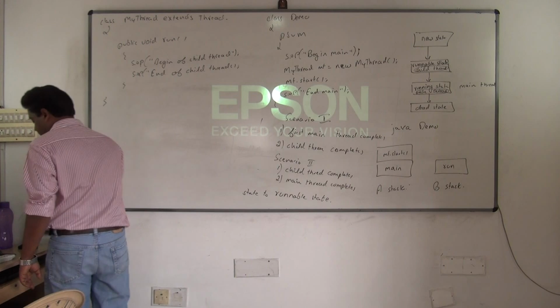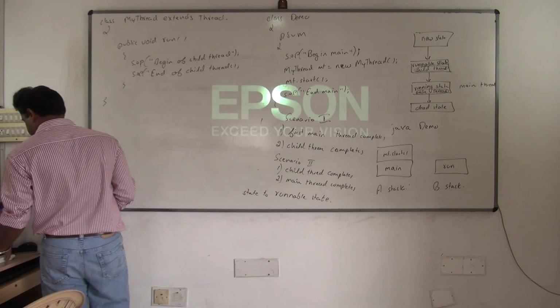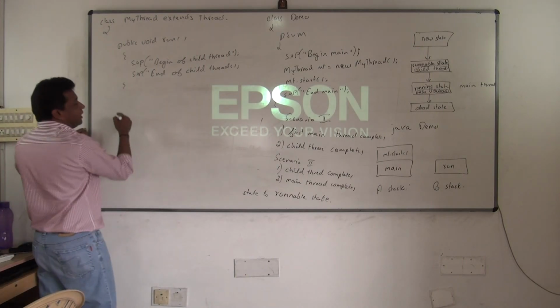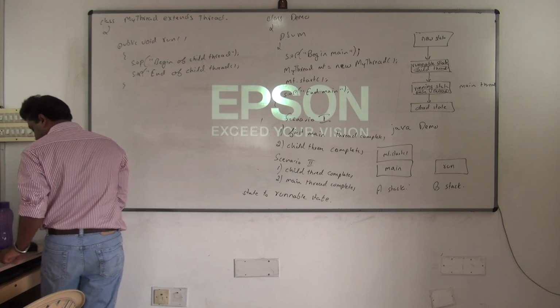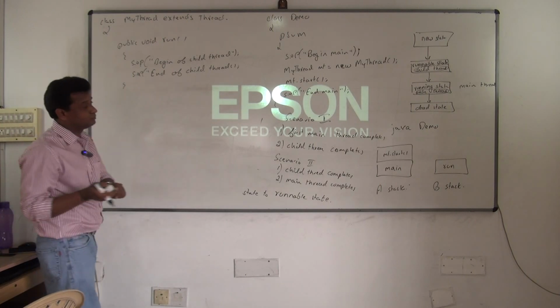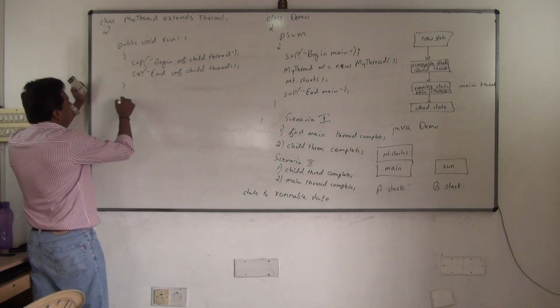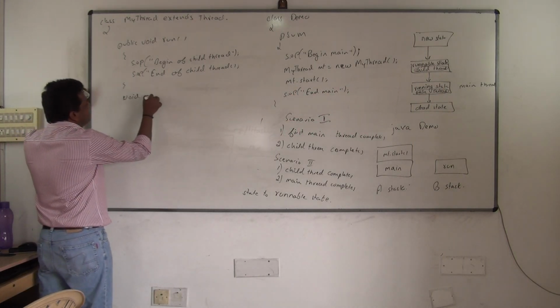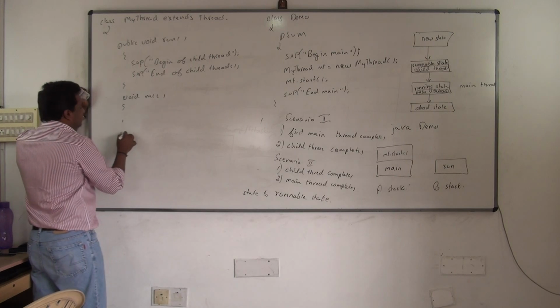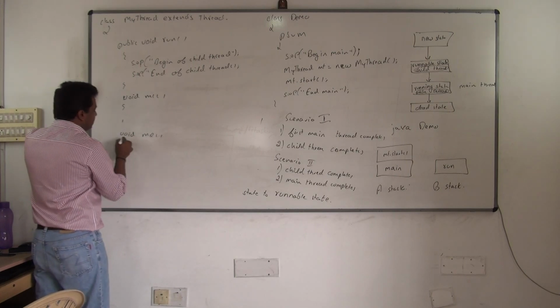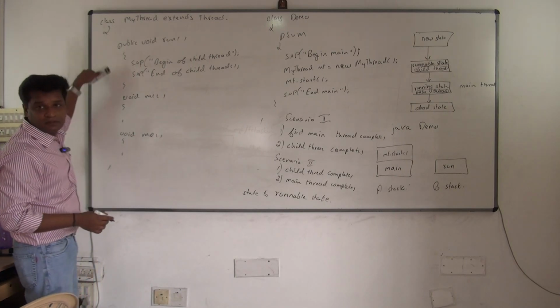Now see, I'll make a small change here. I'll make you understand the stack now. I can write other methods in this class. Which one? This one now.